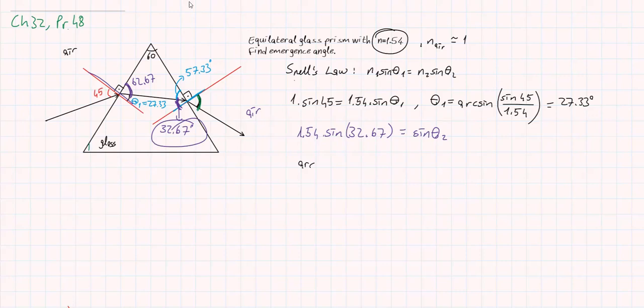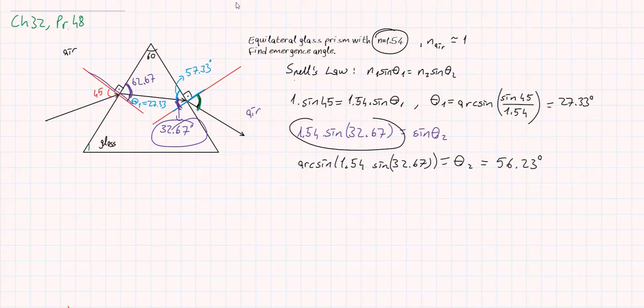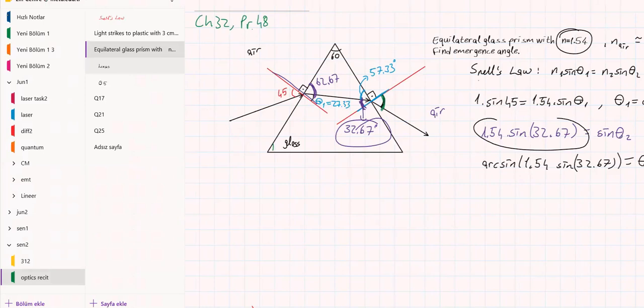I will again do arc sine. Actually, I don't need parentheses in here. Okay, it will be theta 2, right? If I do the calculations, I will find 56.23 degrees. Okay, so this is one easy question.